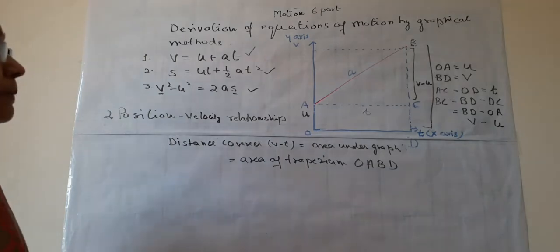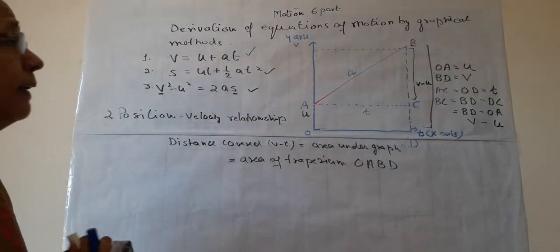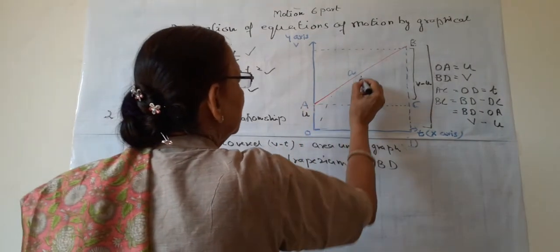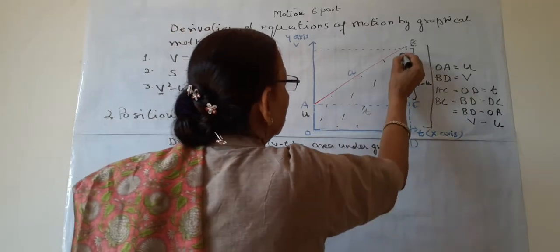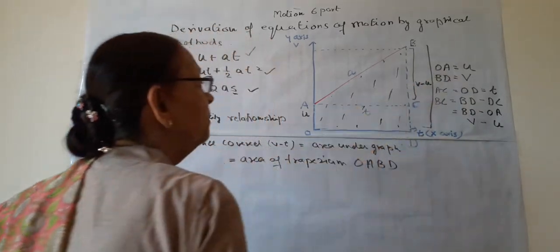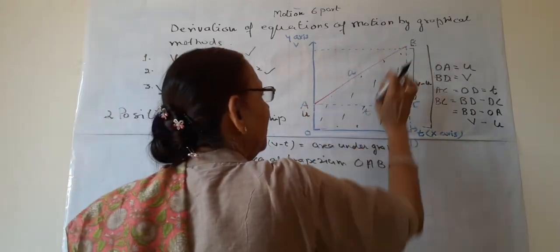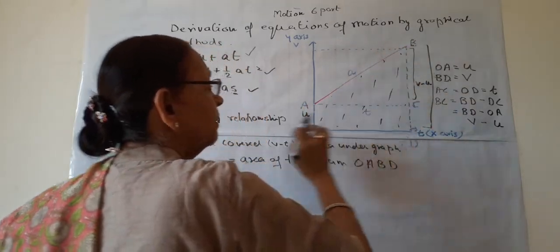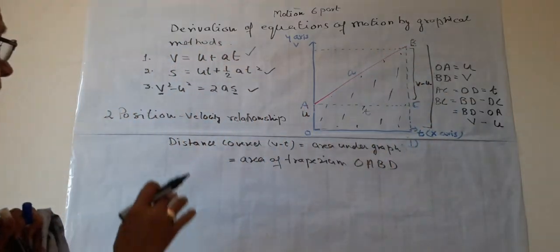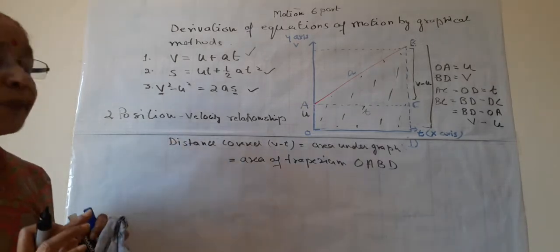The area of the trapezium is the complete area under the graph line up to the x-axis. This complete area will give us the distance traveled by the body.